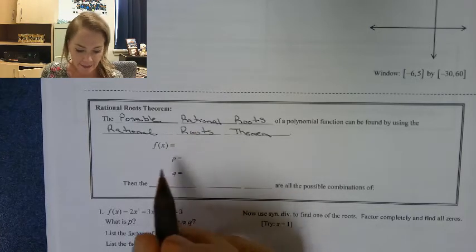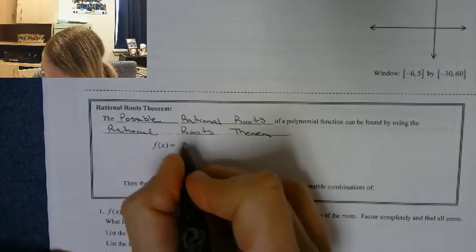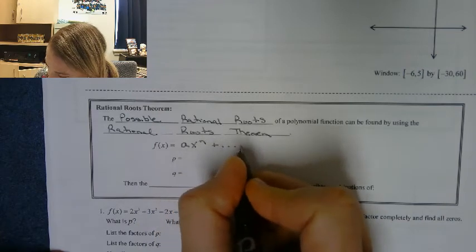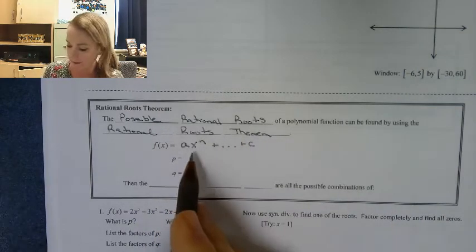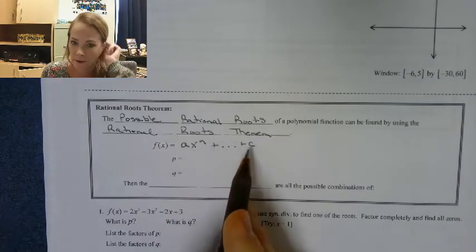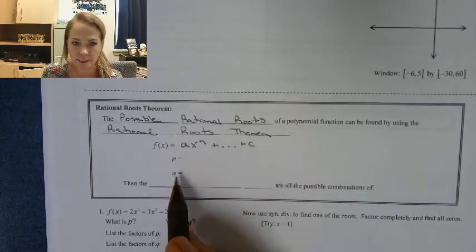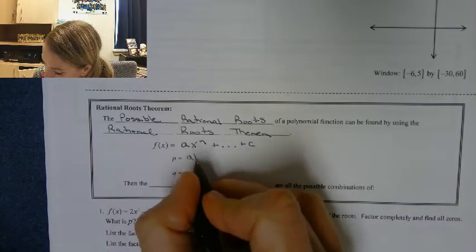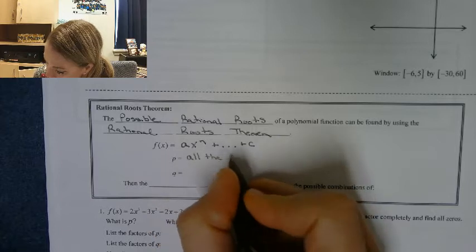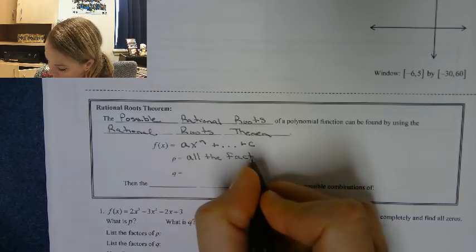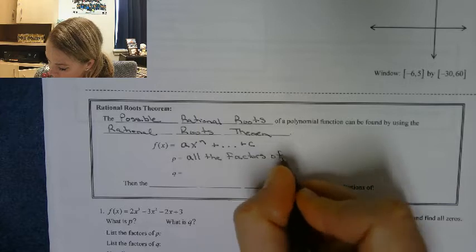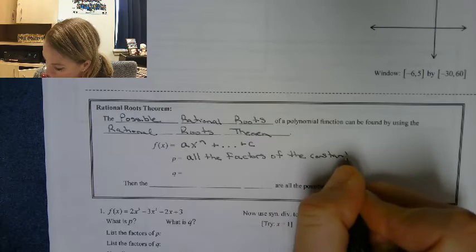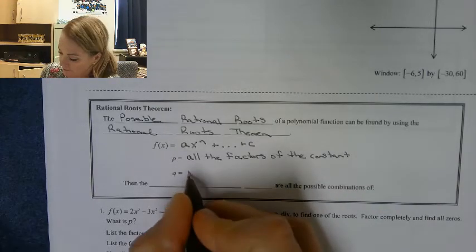Okay, so let's say we have some polynomial. All we care about is the leading term, a times x to the n, plus dot, dot, dot, plus the constant. All we care about is the leading term and the constant. We introduce these two new letters, P and Q. For P, we're just going to take all the factors of the constant and call that P. As for Q, that's going to be all the factors of the leading coefficient.